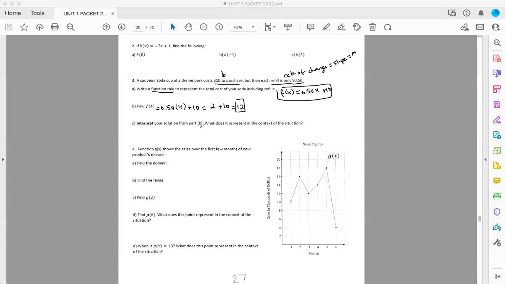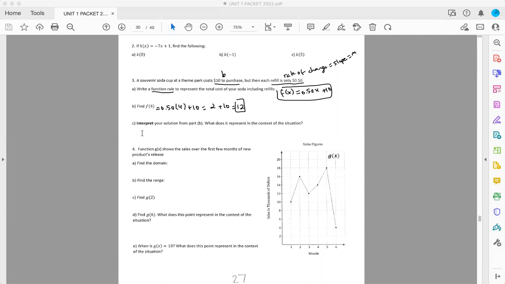Part C, interpret your solution for part B. What does it represent in the context of the situation? So let's go back and read what the question said. A souvenir soda cup at a theme park costs $10 to purchase, and then each refill is 50 cents. So what does part B mean? f of 4 means you are getting 4 refills because the refill is basically the x value, and each refill is costing you 50 cents.